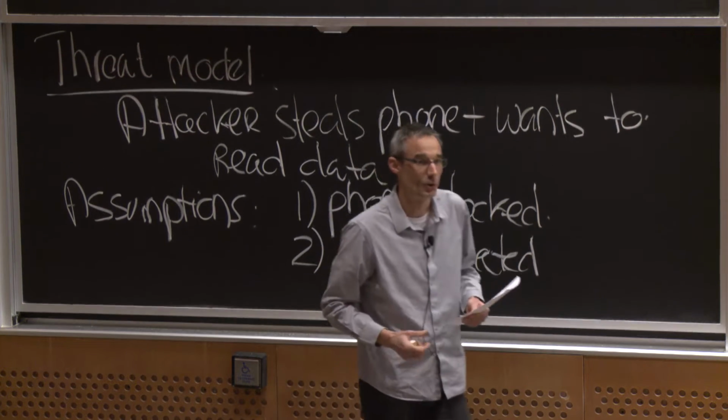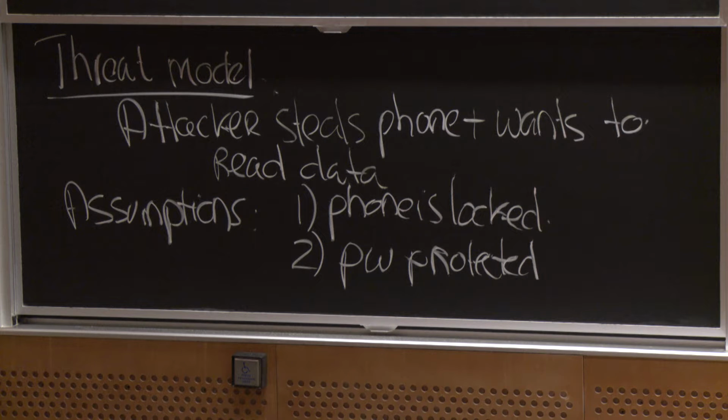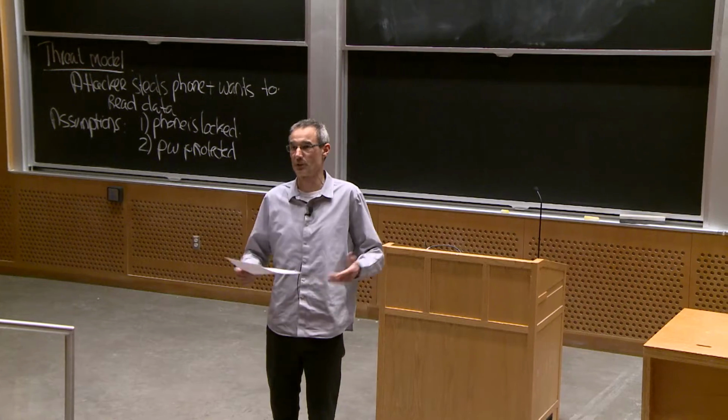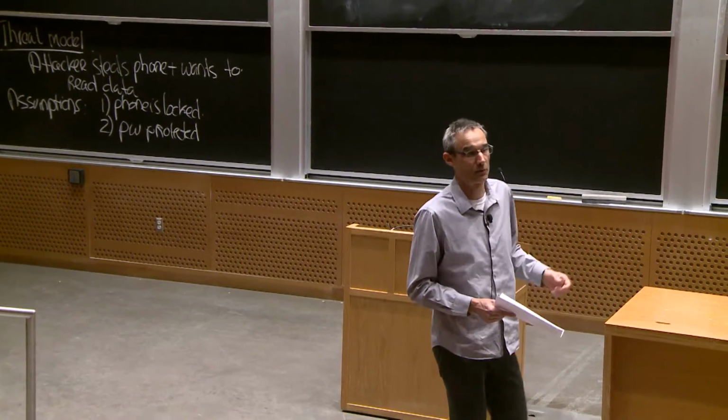If it is locked, but there's no password, or Face ID or whatever protection at all, then of course the attacker can just unlock the phone and read whatever is there. So those are the 2 starting assumptions: the phone is locked when it gets stolen, and it's password protected.